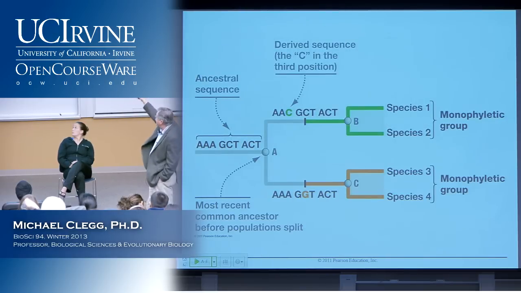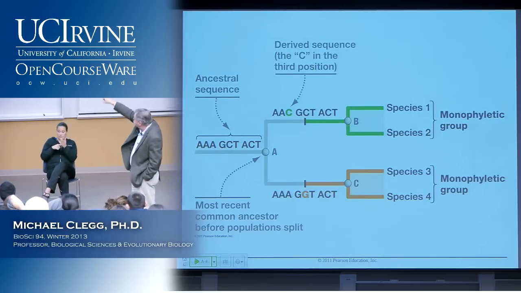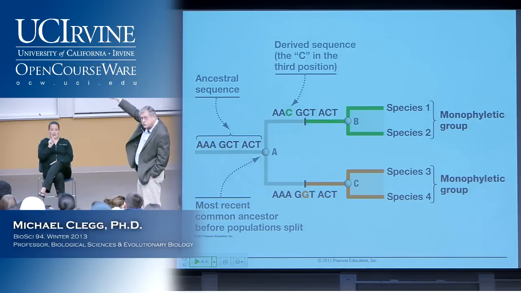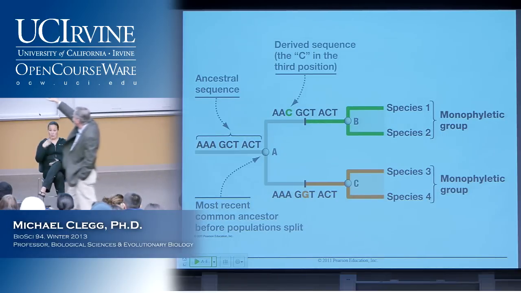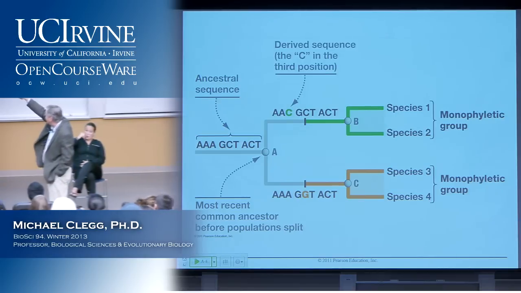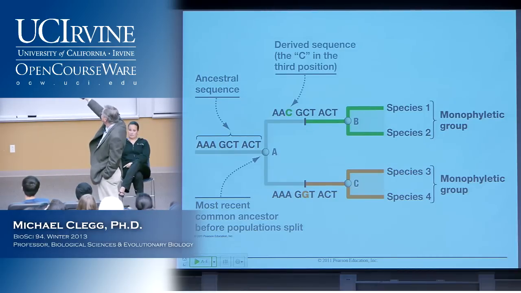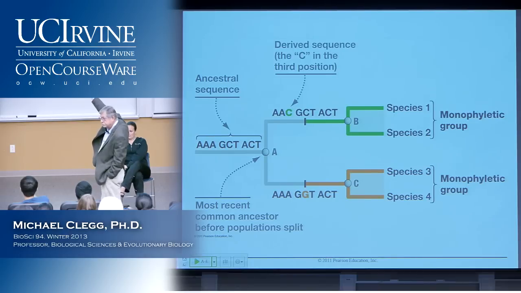And this is an example, using DNA sequence data, of grouping together taxa based on traits that are shared by descent. So we go back to the ancestral, the common sequence at point A, that's AAGCTACT. This separated into two different lineages, and in one lineage, lineage B, there was a mutation to C at the 3rd position.